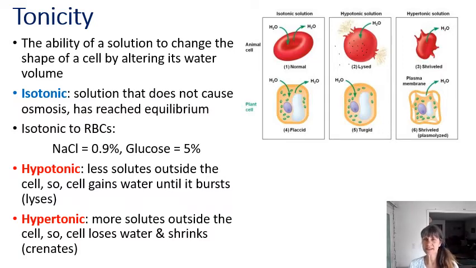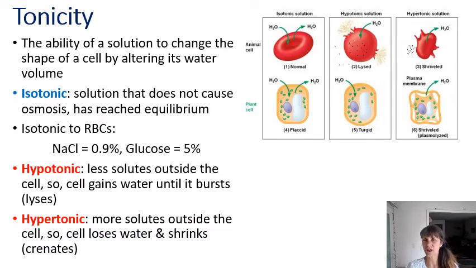If we put the cell in a solution that is hypertonic, that means the solution, and remember we're always talking about the solution, has more solute outside because it's got hypertone, more solute.